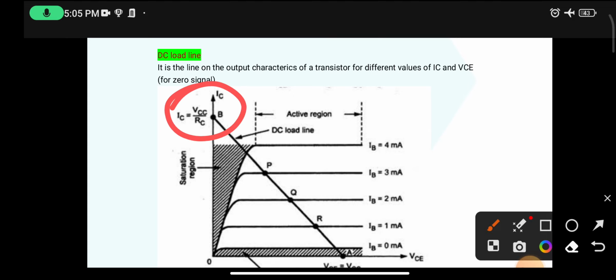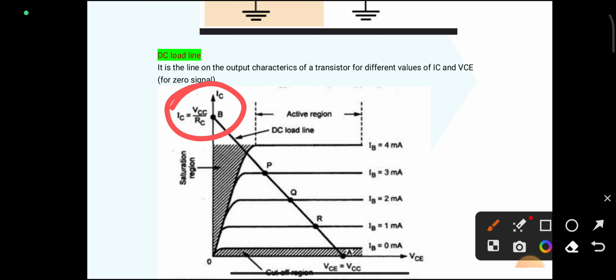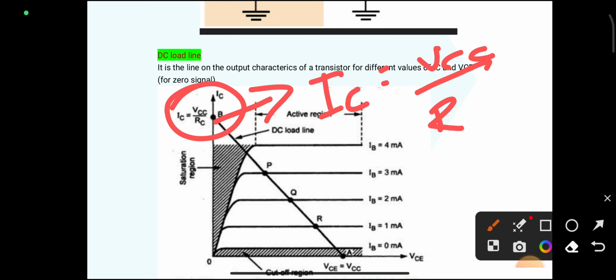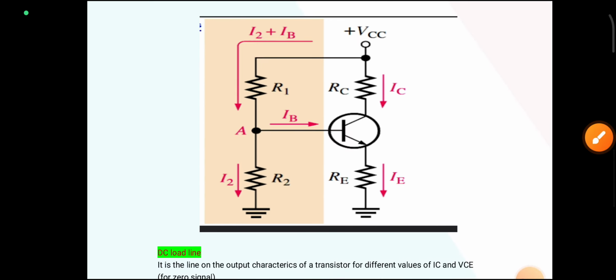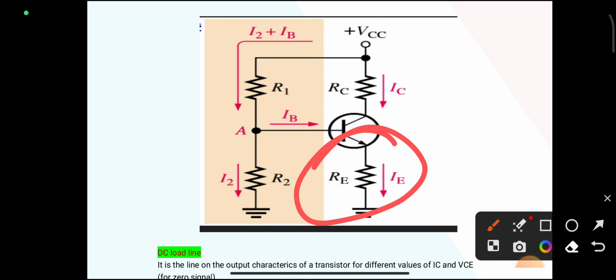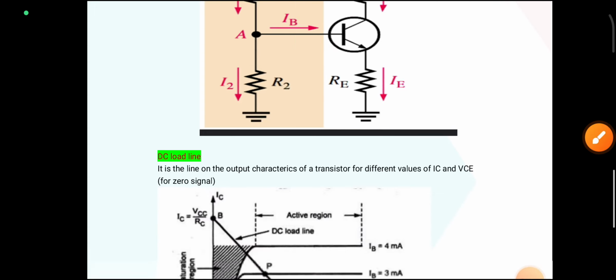You can see here IC is equal to VCC divided by RC. This graph is taken without RE, but here there is an RE present in this circuit, so IC becomes VCC divided by (RC plus RE).